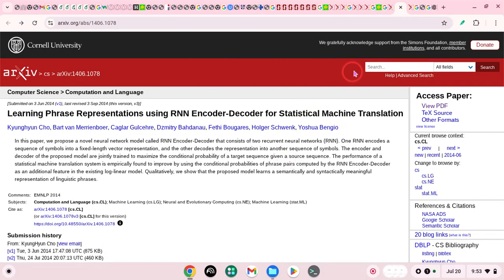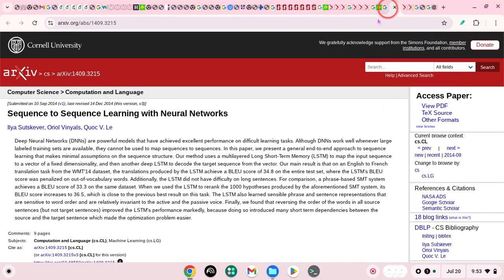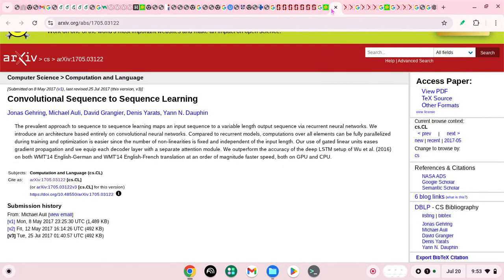And also we will see some basic ideas about recurrent neural networks, how they are utilized for generating sequences, through the paper from Alex Graves. And also we will see the papers on Sequence to Sequence Learning with Neural Networks, and also Sequence to Sequence Learning with Convolutional Neural Networks.